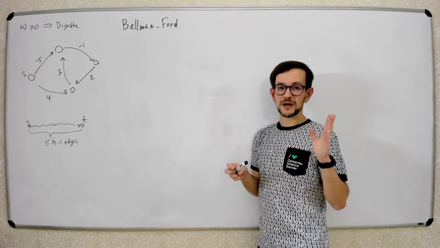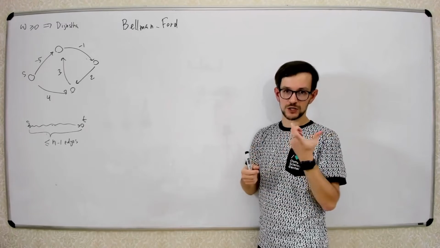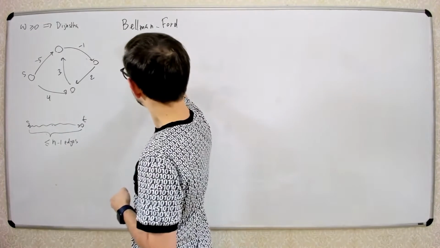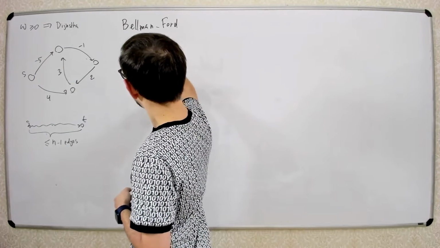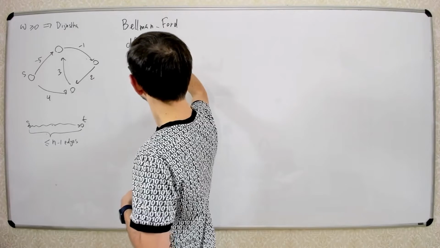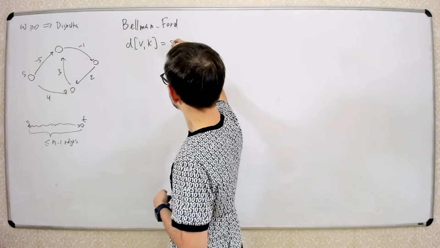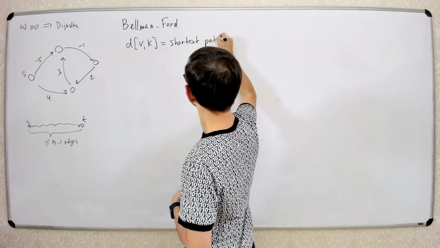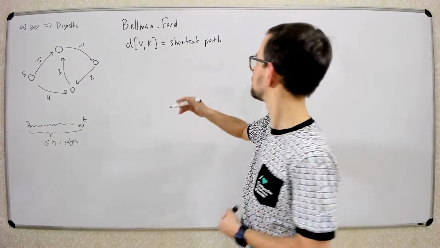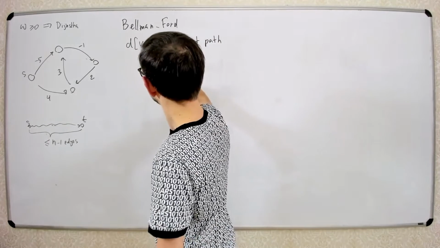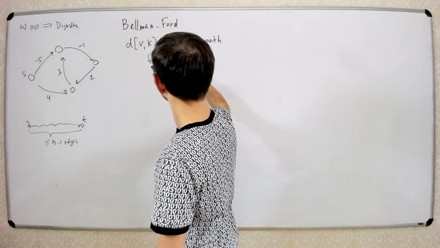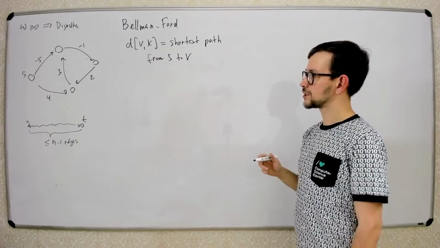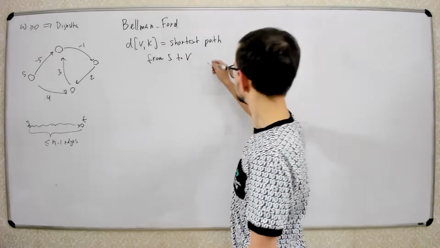So let's make a dynamic programming by the number of edges in the shortest path from S to T. Let's say d_v^k will be the length of the shortest path from S to V which contains no more than k edges.